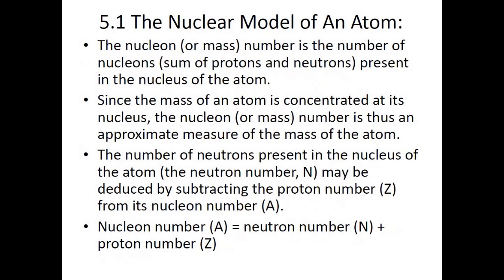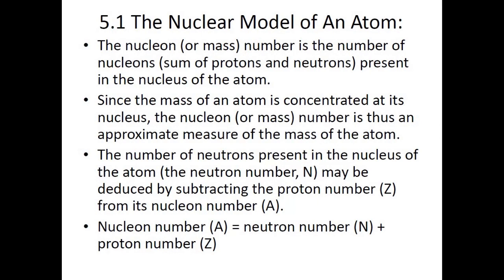The nucleon or the mass number is the number of nucleons, or the number of protons and neutrons, which are present inside the nucleus of an atom. Since the mass of an atom is concentrated in the nucleus, the mass number or the nucleon number is the approximate measure for the mass of an atom.